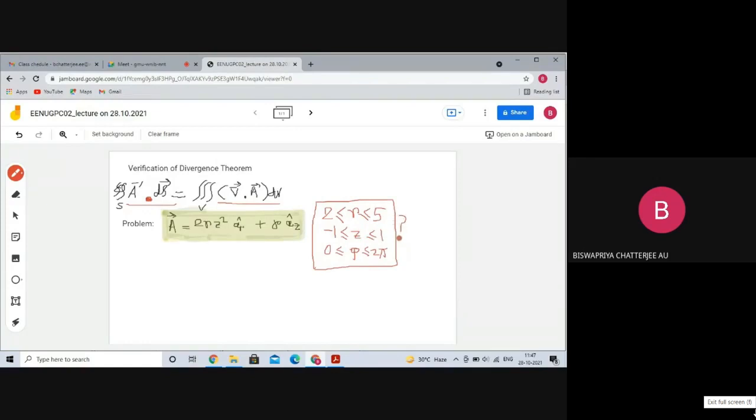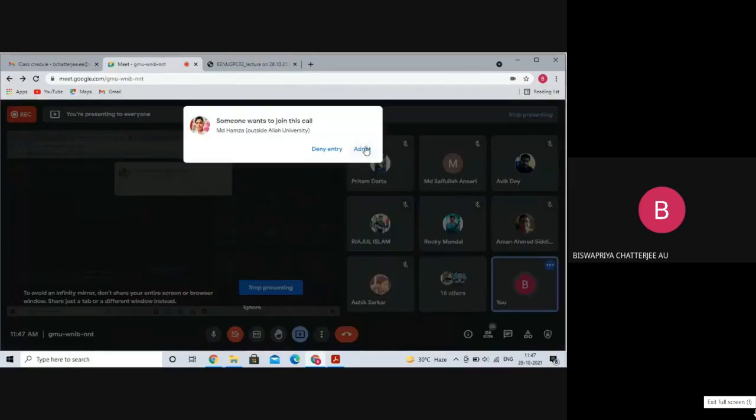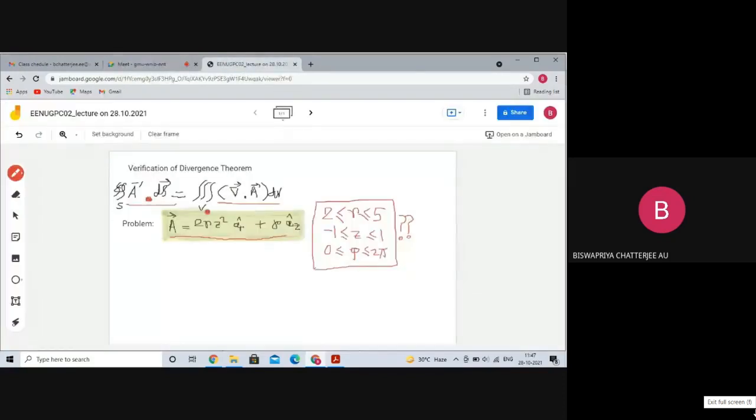As per the problem itself, you can understand that this vector is given in the cylindrical system, because of r and z. So this is the cylindrical system.